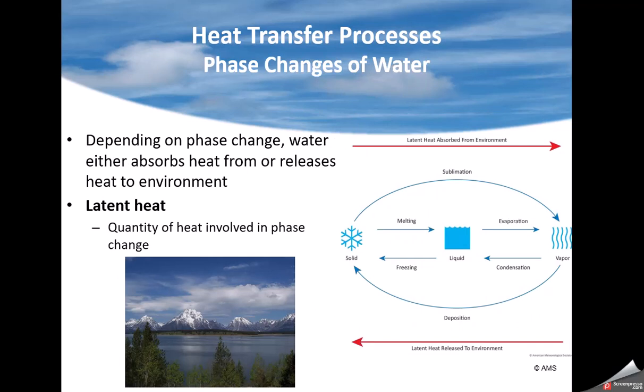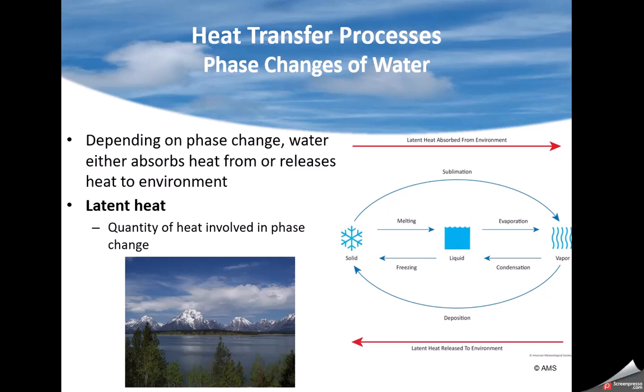Latent heating. The only element in the atmosphere that changes state is water. So water can go from a solid to a liquid to a gas to a vapor, and back. Think about it: in vapor, the molecules are moving more, so there's a whole lot more energy there.